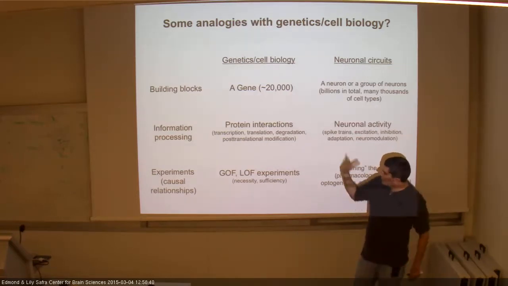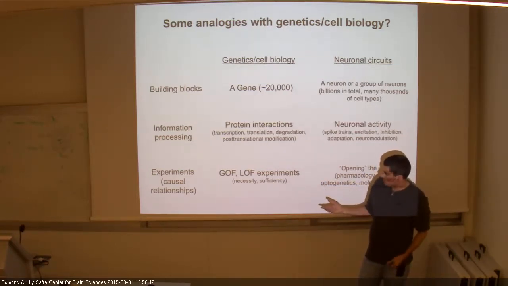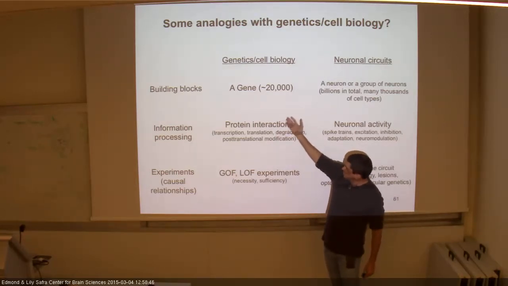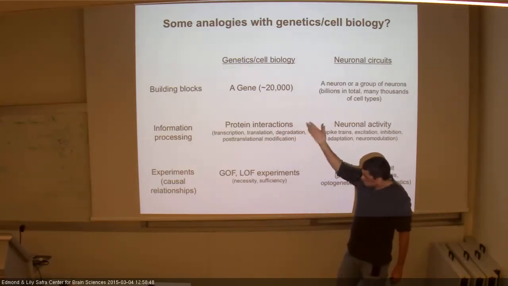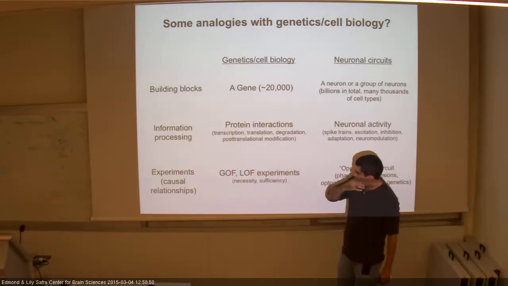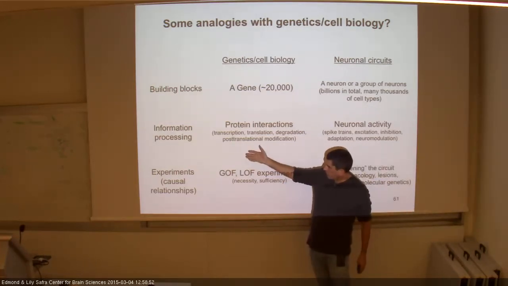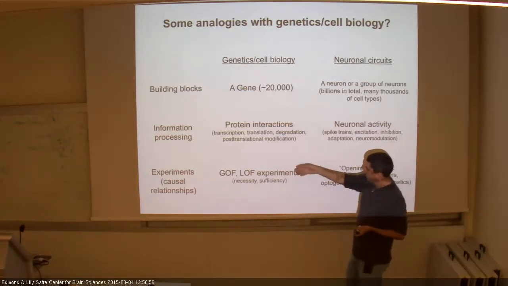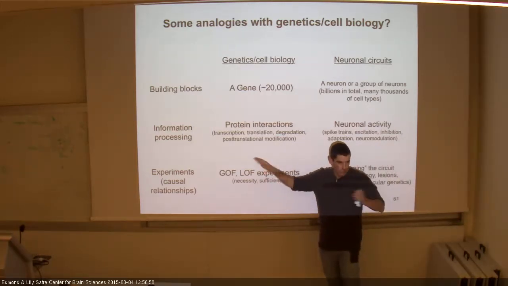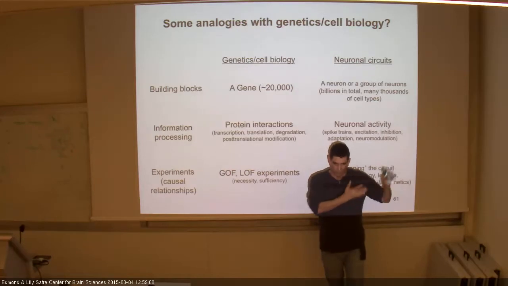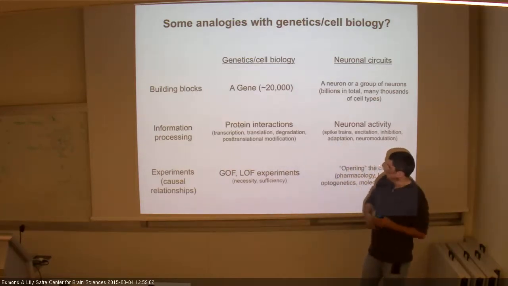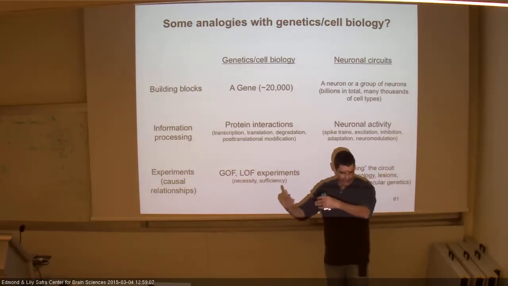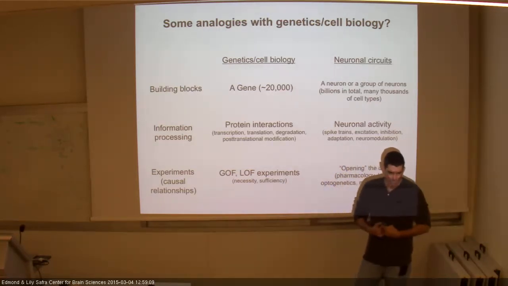The way that geneticists look at information, first of all, they identify the building blocks, for example, the genes or the proteins in the cell. When they talk about information processing, they talk about protein interactions, transcription, translation, degradation, and so on. Again, not fully understood, which is why we still have many labs in genetics and cell biology, but they are much further along in their understanding of the system than we are.